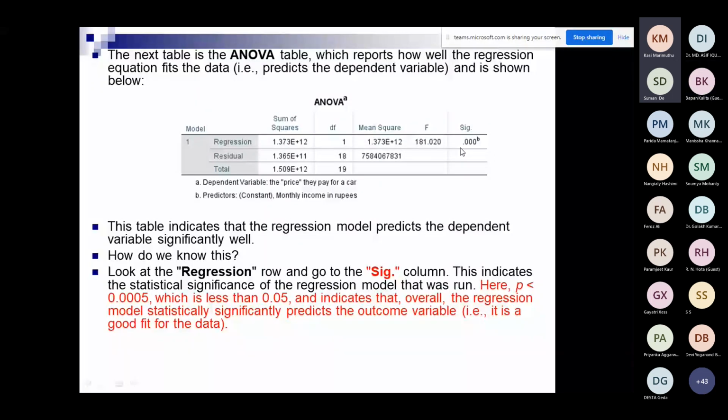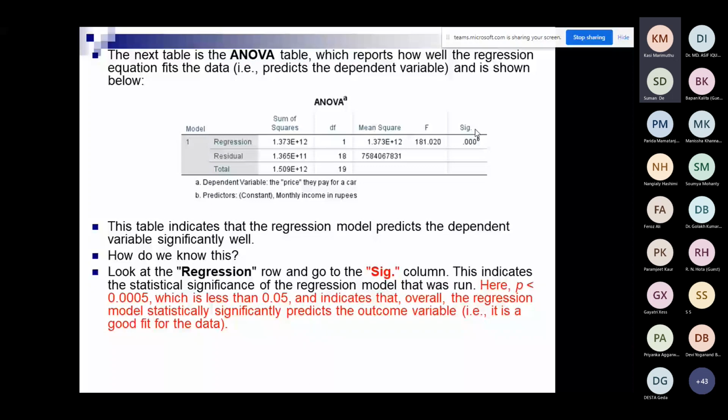This particular table needs to be significant. So in this example, income significantly influences the price they are going to pay for purchasing the car. So the model is significant. With this model, we can predict the price they are ready to pay for a car by income.